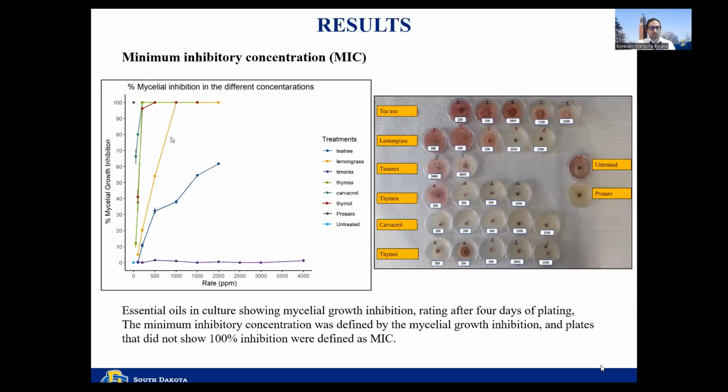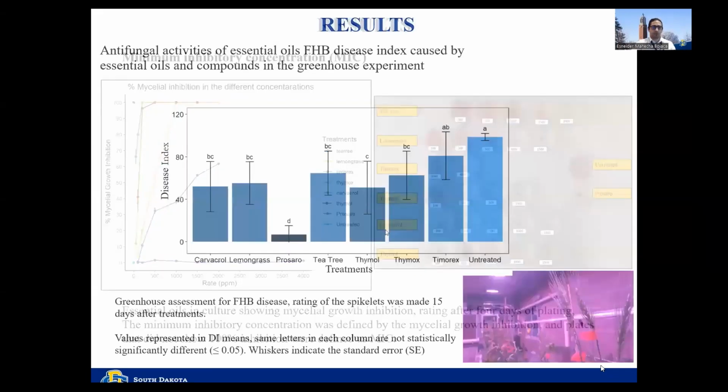The treatments that clearly showed a minimum inhibitory concentration were lemongrass, Thymox, carvacrol, and thymol, a compound of Thymox, and carvacrol, another compound of Thymox.